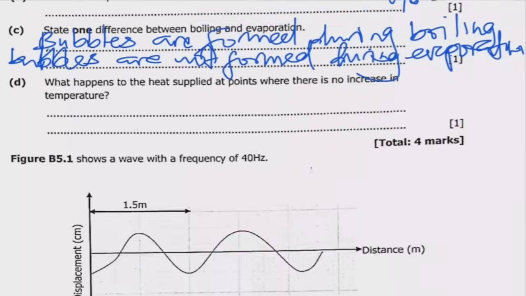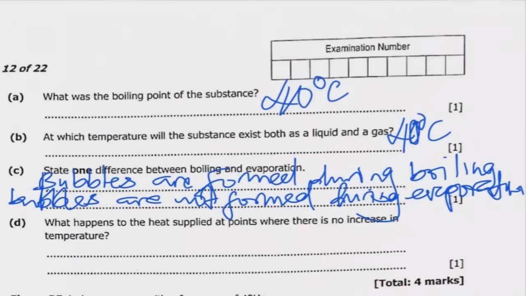What is happening there is the heat is used to convert the substance into another state of matter. In a scientific way, the heat is used to break down or weaken the bonds between the molecules.